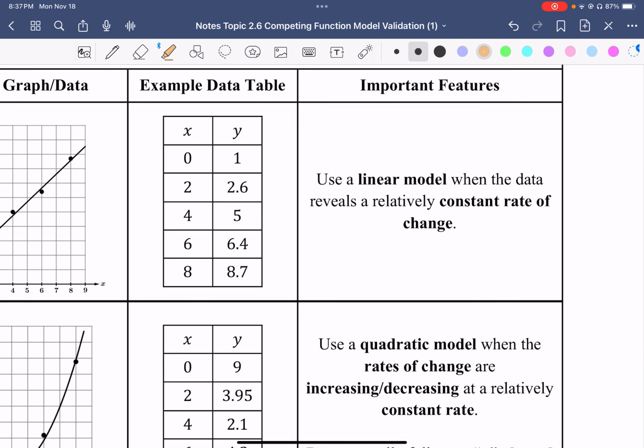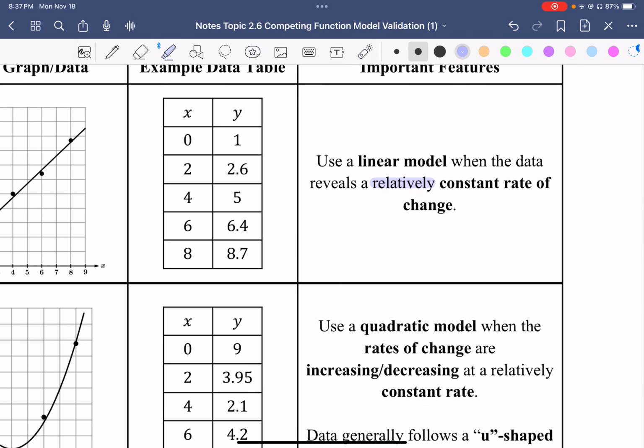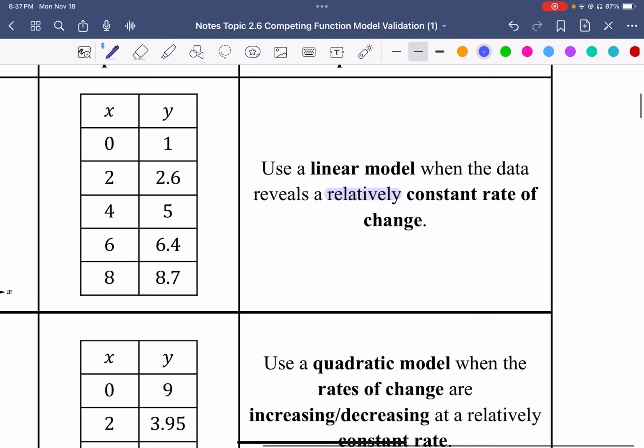Okay, now the keyword here being relatively. Another word for relatively is roughly. That means it's not going to be perfect. And another word for constant rate of change would be roughly a constant first difference.